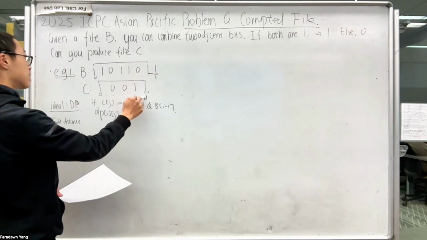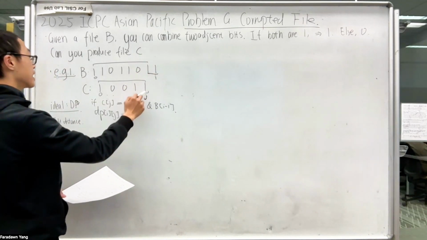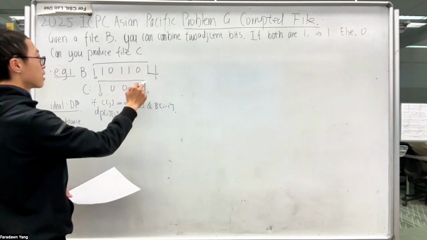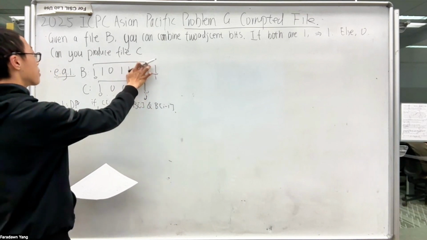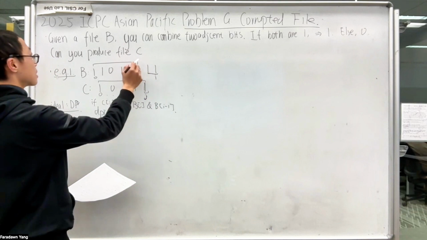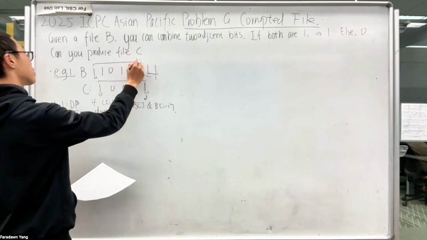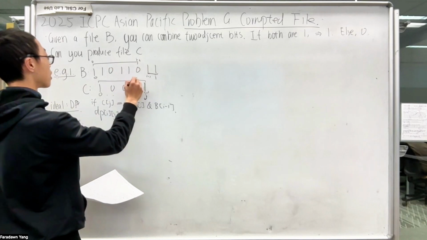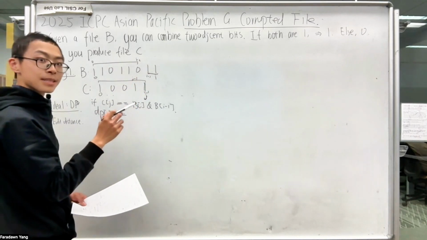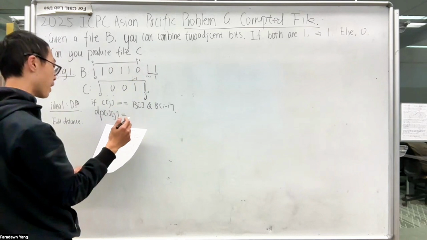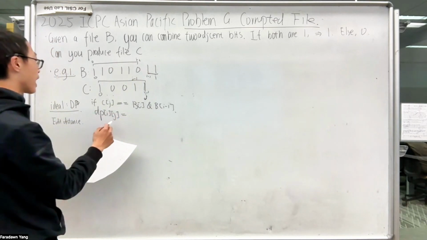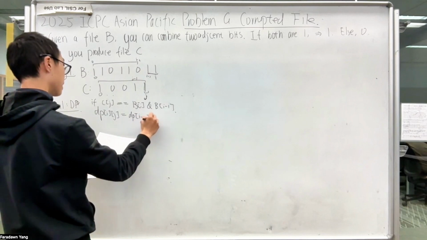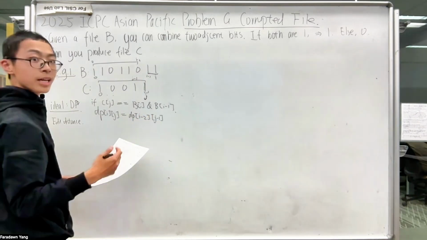So if at the current index of i and j we can make them combine, we can just move on to the previous section to see from 0 to i minus 2, are we able to combine it into j minus 1? So if the last position is satisfiable, dp i j will equal to dp i minus 2 and j minus 1, right?